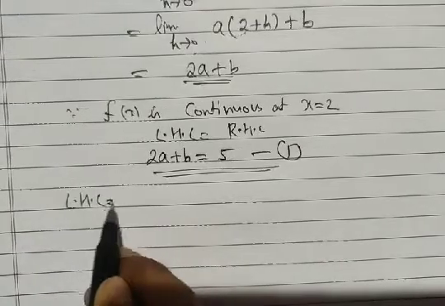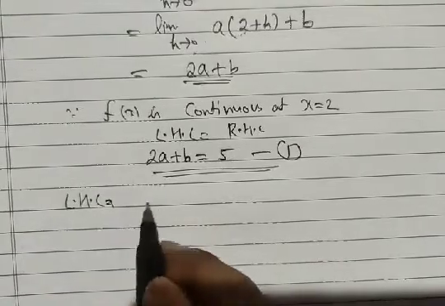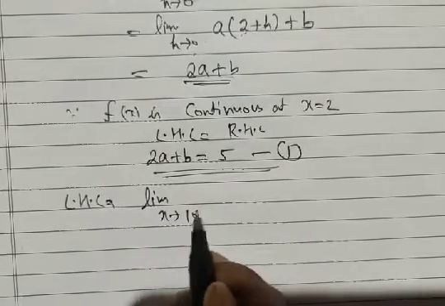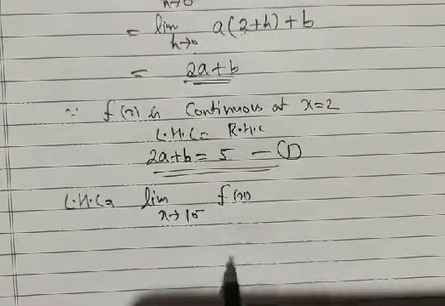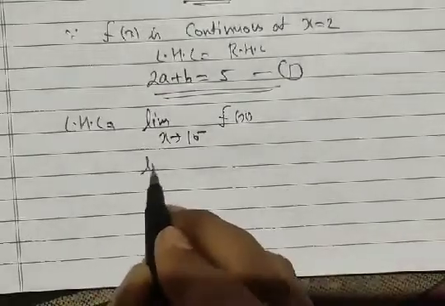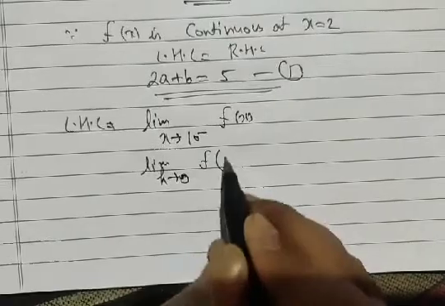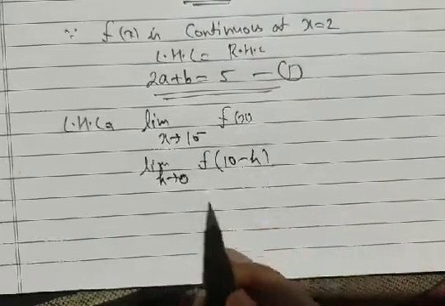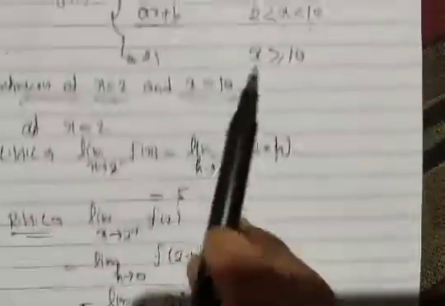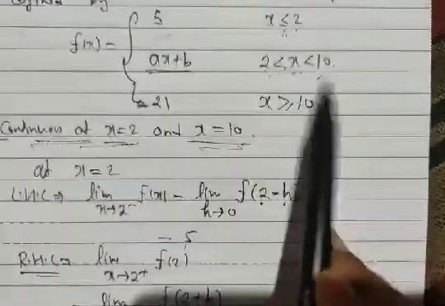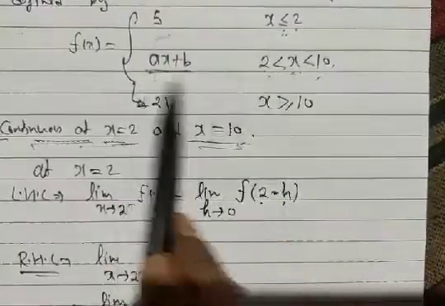Left hand limit, x tends to 10 minus f(x), limit h tends to 0, f of 10 minus h, which means our point is less than 10. Here our x is greater than 2 but less than 10, so it's defined as ax plus b.